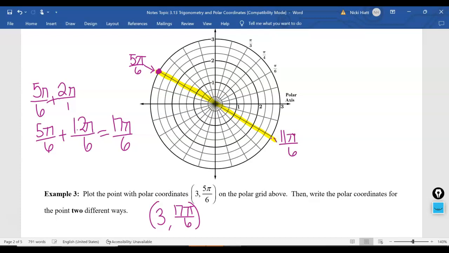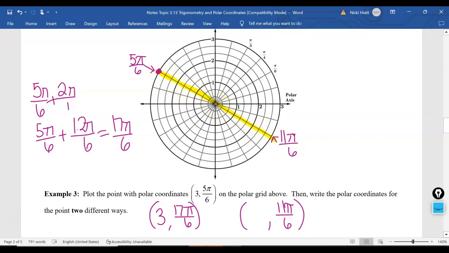So if we use the angle 11 pi over 6, and we want to still get to the same point that we've graphed over here, what we want to do is go away from 11 pi over 6, not towards 11 pi over 6.